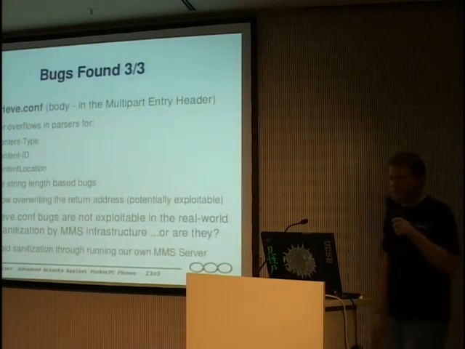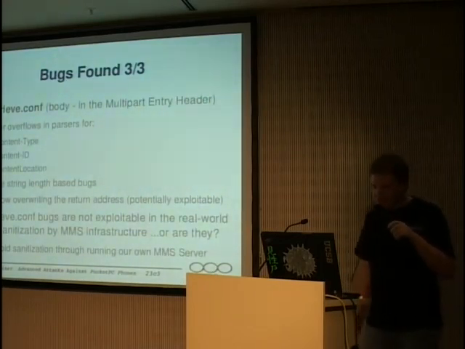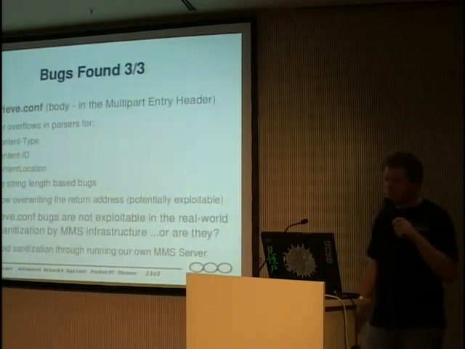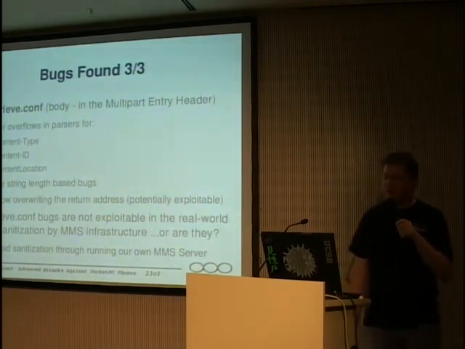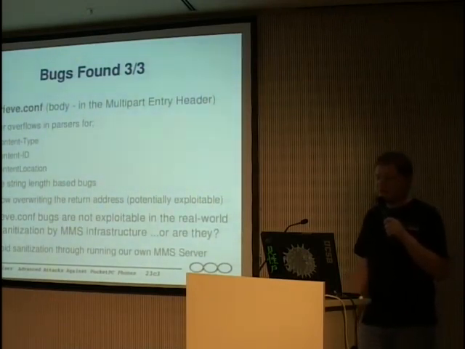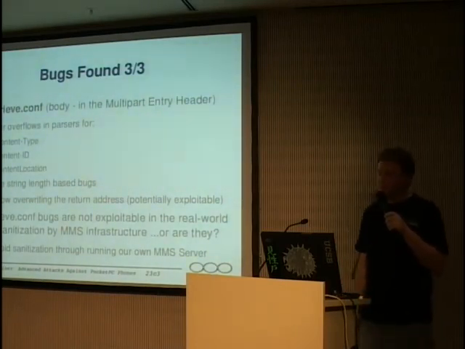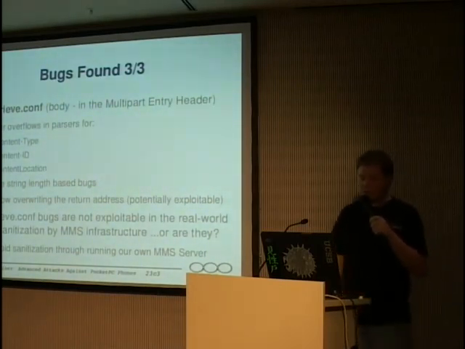In the body content, there are just plain buffer overflows in a lot of them. But you cannot exploit most of the stuff in the real world, because the message would never be accepted by the senders or by the attacker's MMS server.